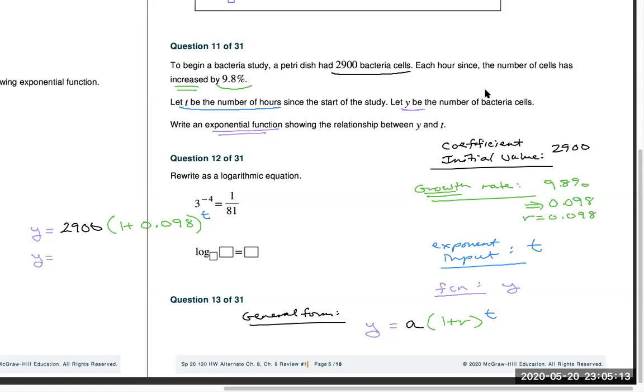So y will be 2,900 times 1.098 to the t power. Okay, so that would be enough for this particular problem.